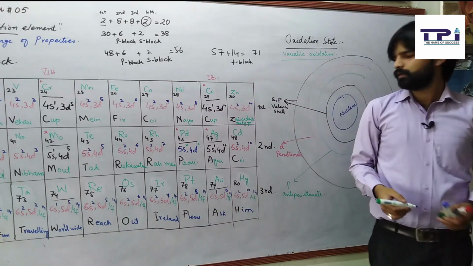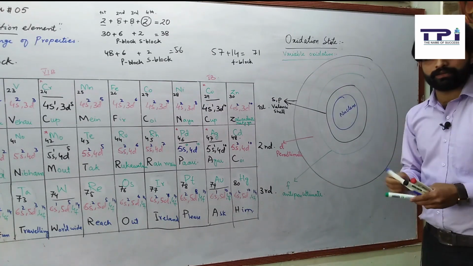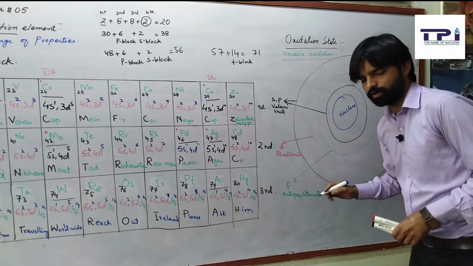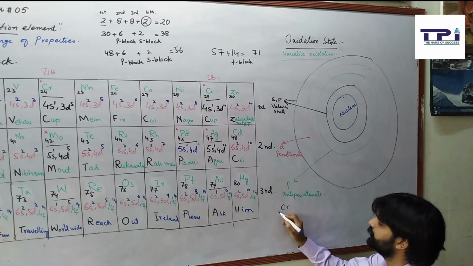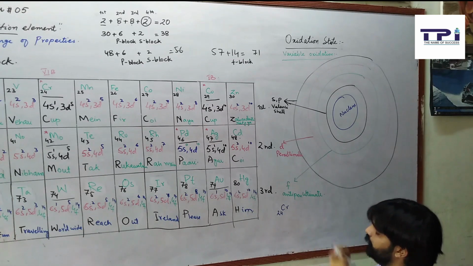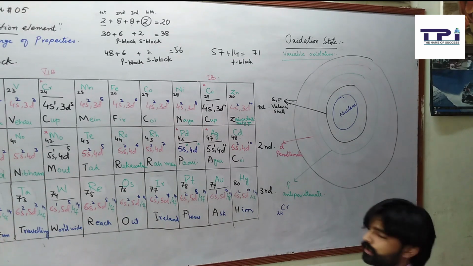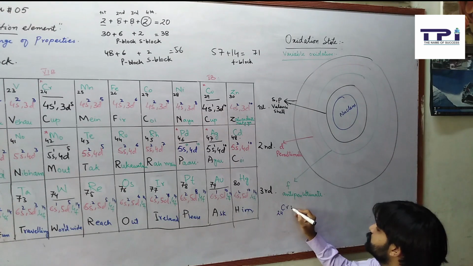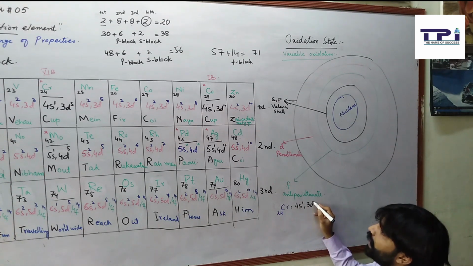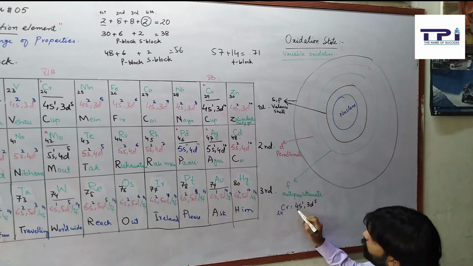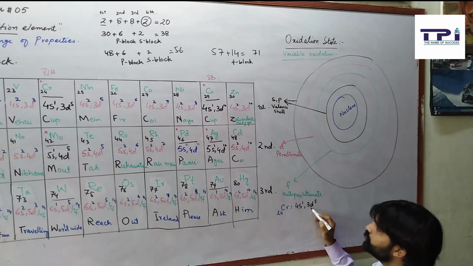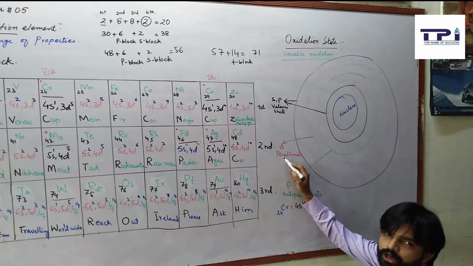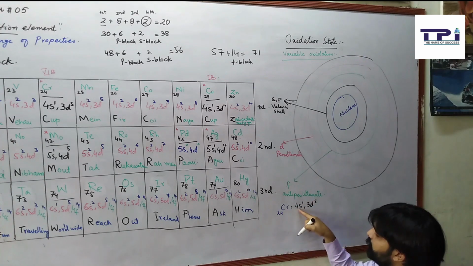For that sake, I am taking an example of chromium, Cr, whose atomic number is 24 and the electronic configuration ends on 4s1 3d5. This 4s is your valence shell and this 3d is your penultimate orbit, which is inside your valence shell.